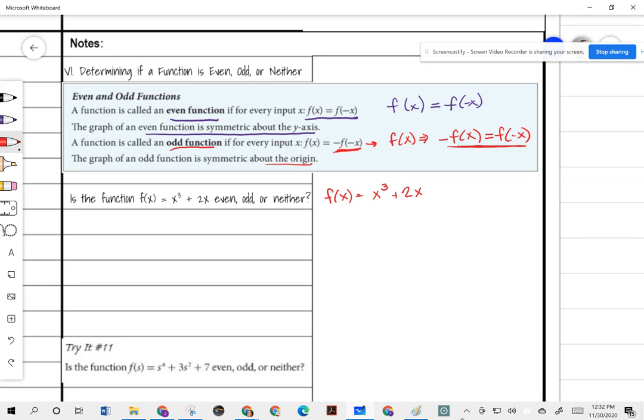Then the easiest one to find is negative f of x, which just says to take the opposite. So we are taking the opposite of x cubed plus 2x. And what that's going to give us is negative x cubed minus 2x. So I'm going to write that notation down here.